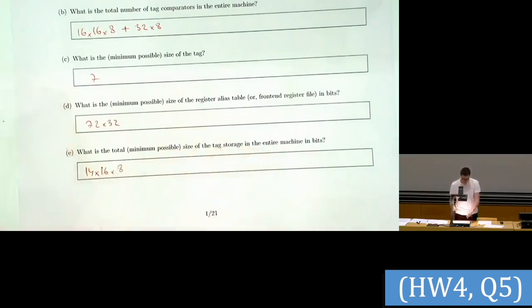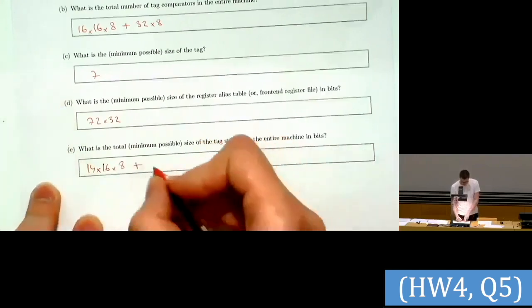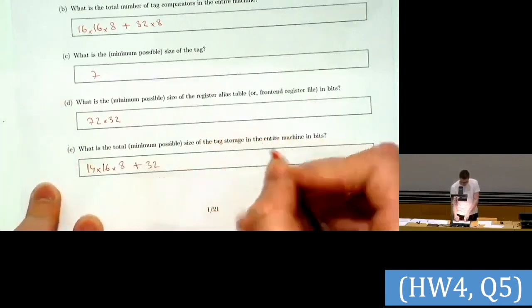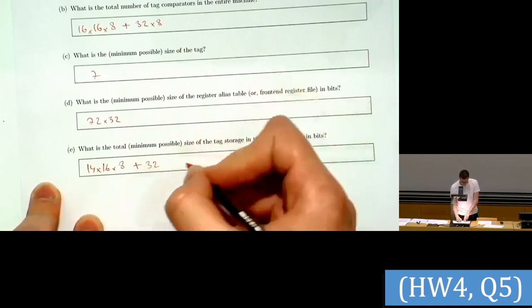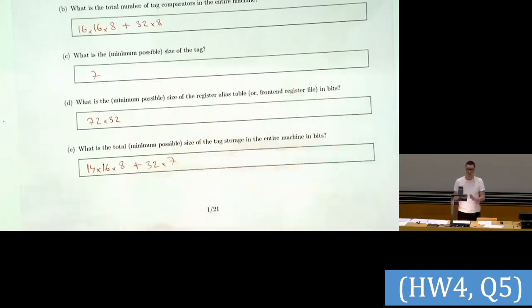This is the tag storage for the reservation stations, plus the tag storage for the register alias table, which is 32 multiplied by 7, since we have only 7 bits in each entry.